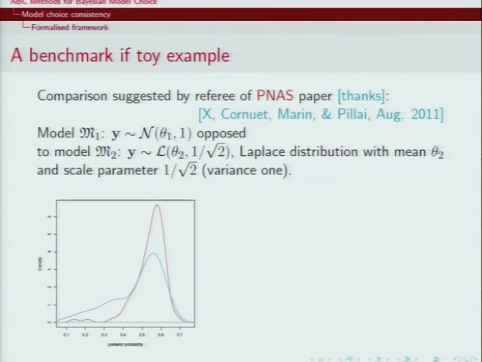If I simulate data from a Laplace distribution, I get the blue curve. We see that the probability also accumulates around 0.5, 0.6. So I have no discrimination based on this experiment to say that the posterior probability will pick the right model.